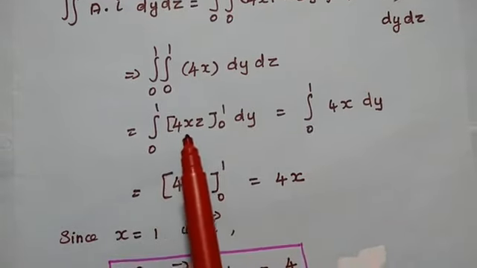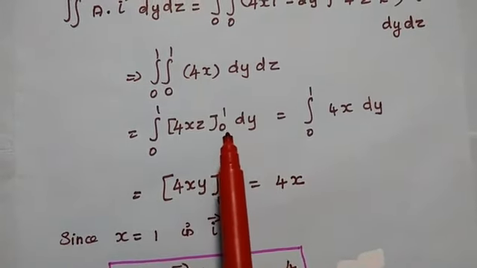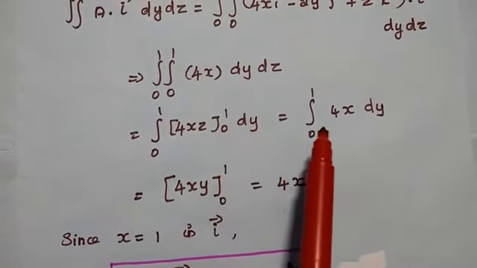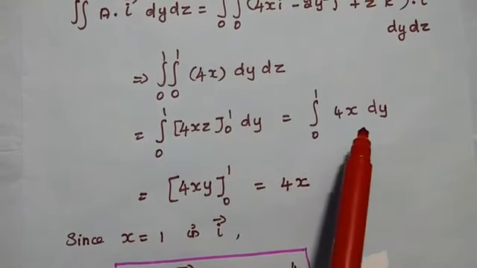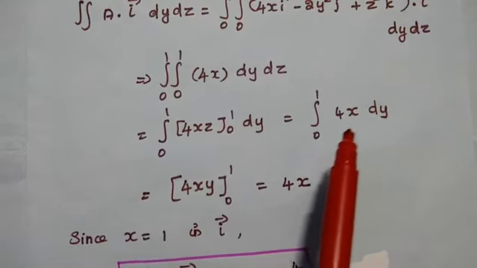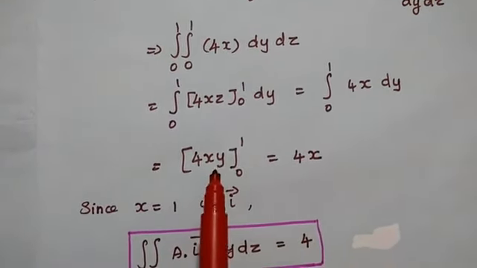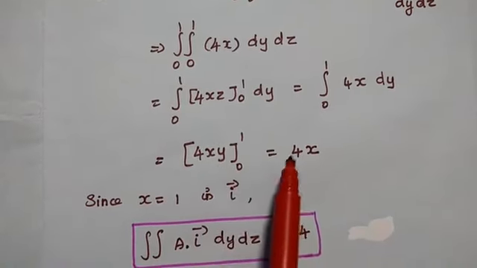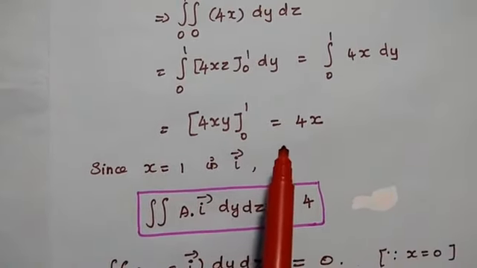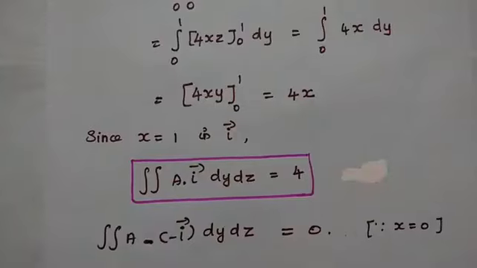So here it is 4xz, the limits from 0 to 1, and then we get 4x, correct? z is equal to 1 means here 4x. Then we have to integrate with respect to y, that is 4xy. With the limits from 0 to 1 we can get 4x.